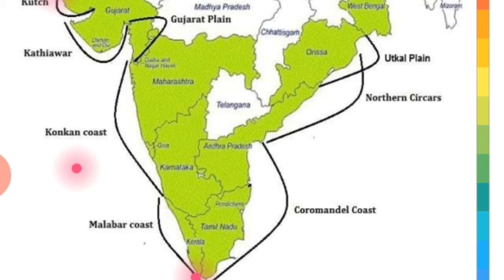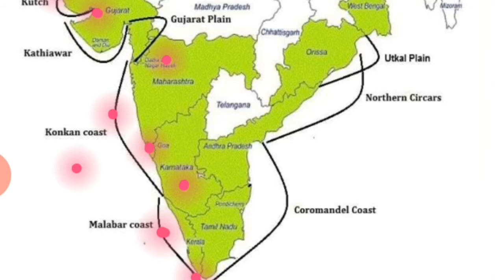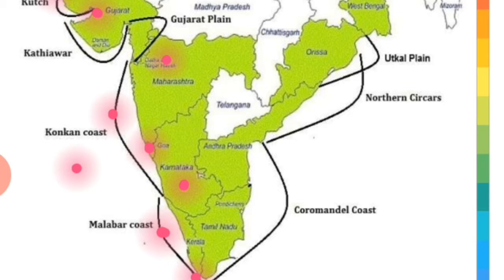It includes the states of Maharashtra, Goa and Karnataka, and it's divided into three sections: the Konkan coast in the north, the Malabar coast in the south, and the Gulf of Khambat or Cambay and Kutch in the northernmost part of India.